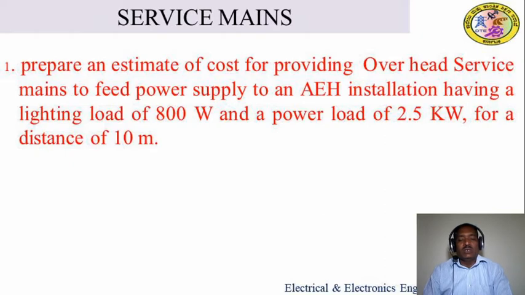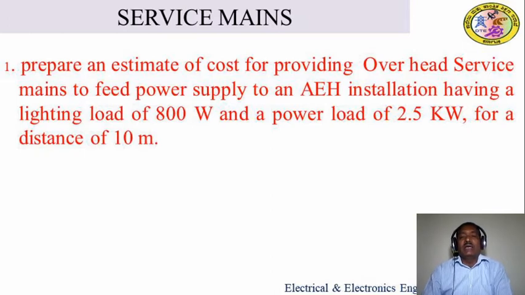So from the given problem, there is an AEH installation having a lighting load of 800 watts and a power load of 2.5 kilowatt, and the distance is mentioned as 10 meters from our load point to the existing service pole. Here AEH means all electrical house wiring.